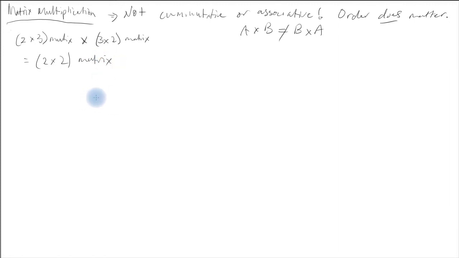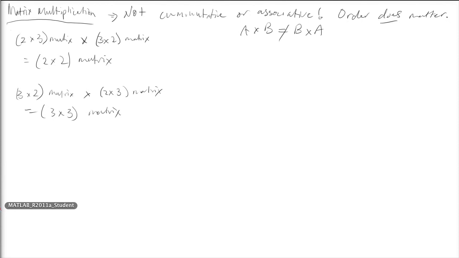Also, when we did these in the other order, the 3 by 2 matrix times the 2 by 3 matrix, our answer was a 3 by 3 matrix. Let's just have a look at that to remind ourselves that that's what happened.